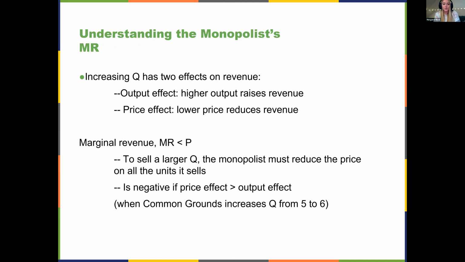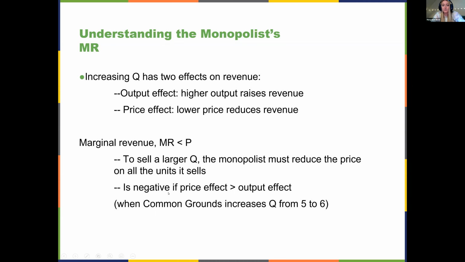So this output effect of selling more stuff maybe brings in more revenue. And the price effect: if you sell more stuff, you're going to have to lower the price. These two are pulling at each other, so the monopolist has to find the balance between this output effect and this price effect.